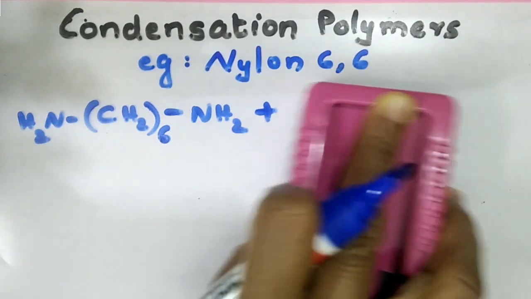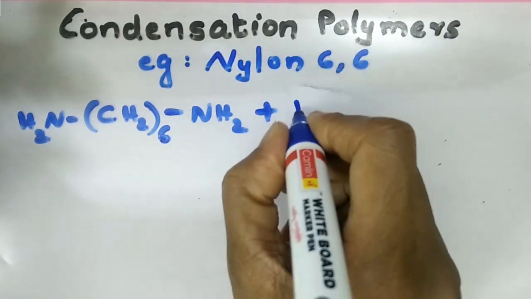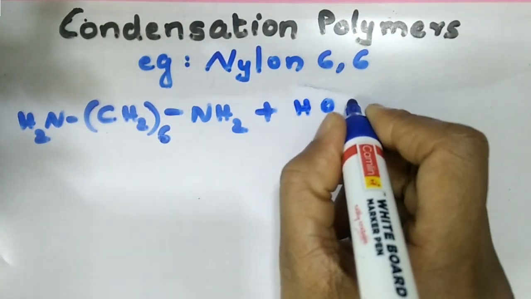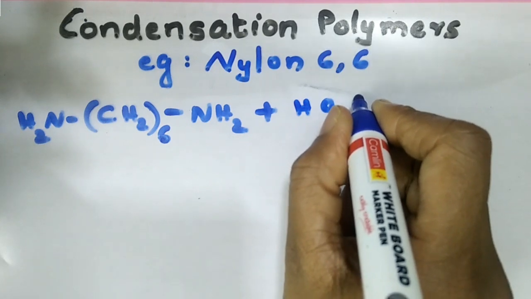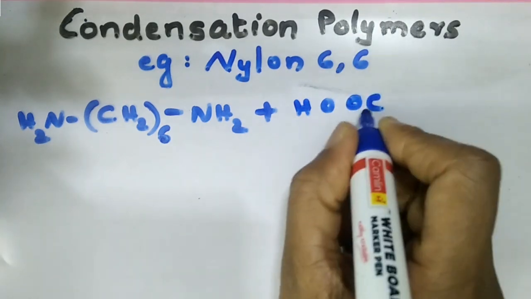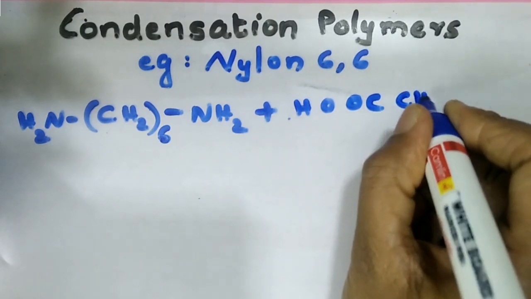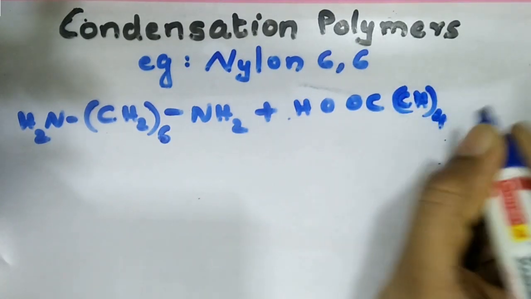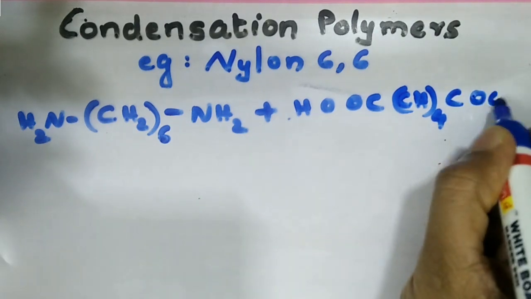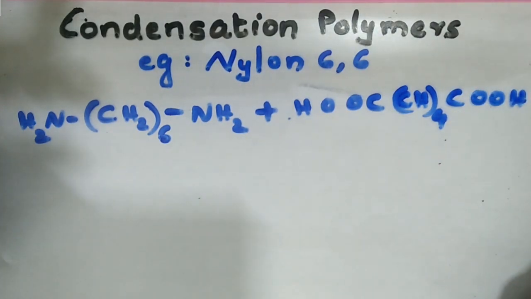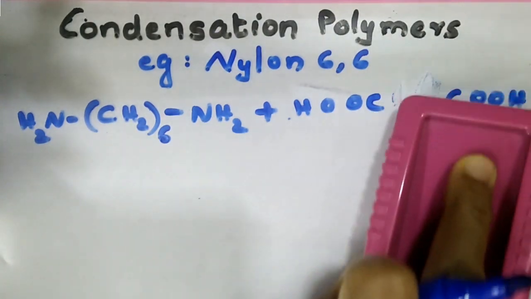Let me write it properly. COOH, then CH2 4 times, then COOH. This is adipic acid. You cannot see, let me write it properly.